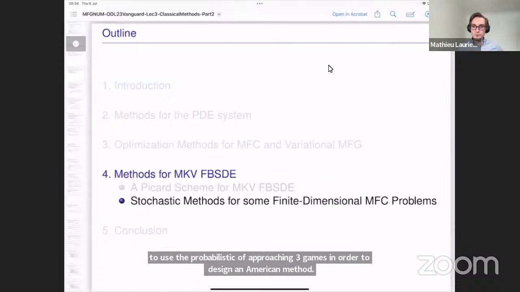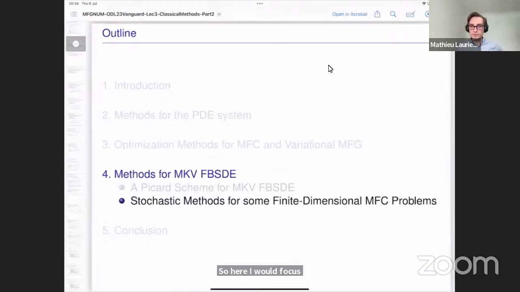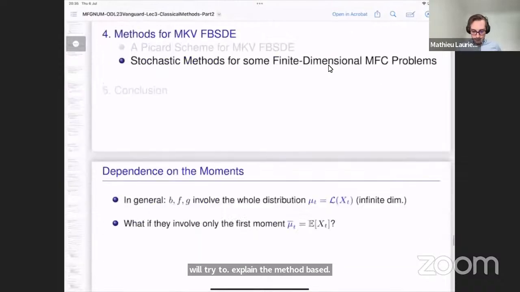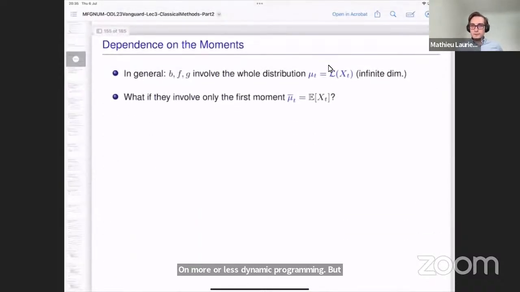Here I will focus on mean field control, and I will try to explain a method based on more or less dynamic programming, but for a special class of mean field control problem. There is one difficulty that I mentioned at some point when you want to do dynamic programming with mean field control, and I will come back to this at the end of lecture 4.